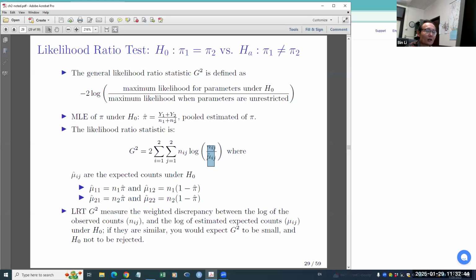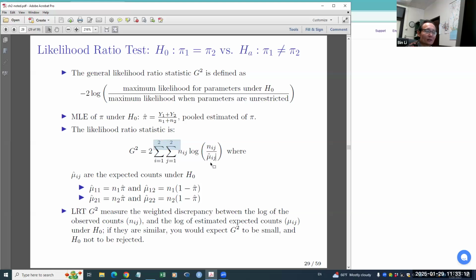If the null hypothesis is true, these two will be very close. What we observed should be very close to what we expected if the null hypothesis is true. Then the ratio will be close to 1. So the log of something close to 1 is close to 0. So this will be a very small number if the null hypothesis is true.